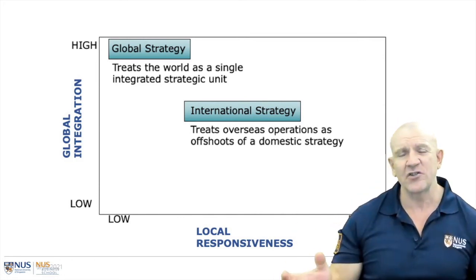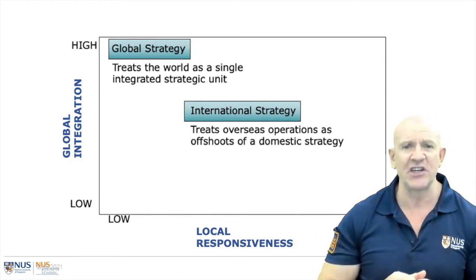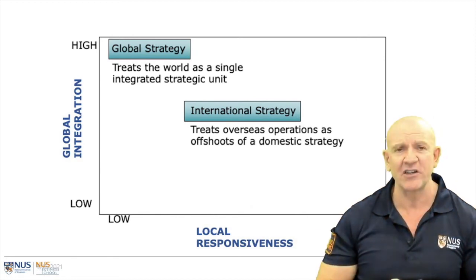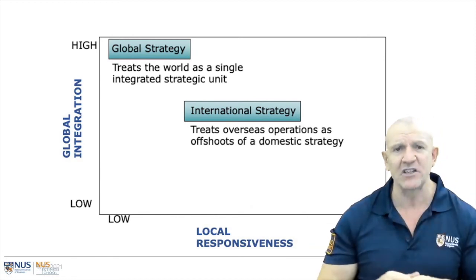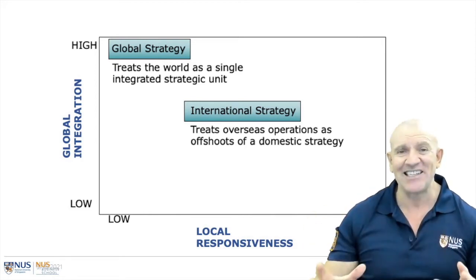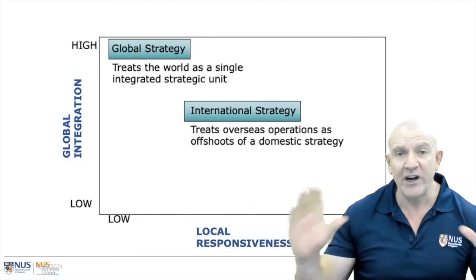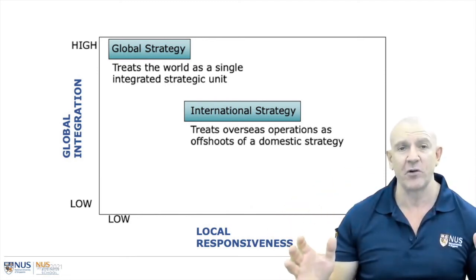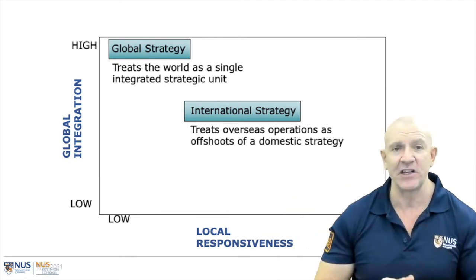So yes, international strategy is more like a revenue augmentation idea, and I'll pick up on this in subsequent discussions, but international in this model does not really sit as a critical element to the overall strategy of the firm. It's more of a secondary nature.